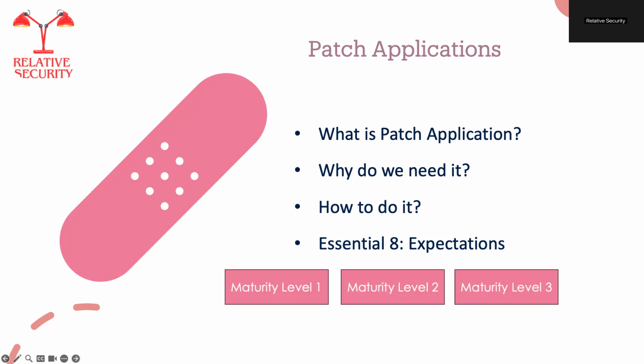So the takeaway is this. At maturity level 3, you're fast, you're thorough, and you're not leaving any cracks open for attackers to slip through. It's about being proactive and decisive when the stakes are highest.